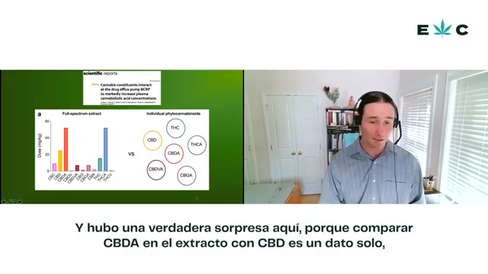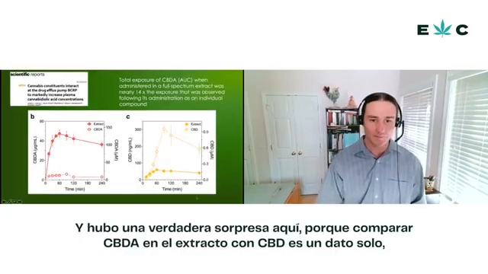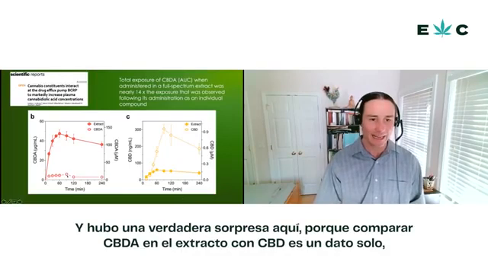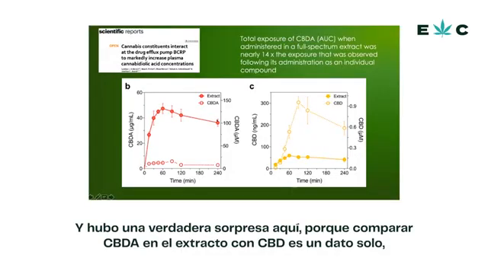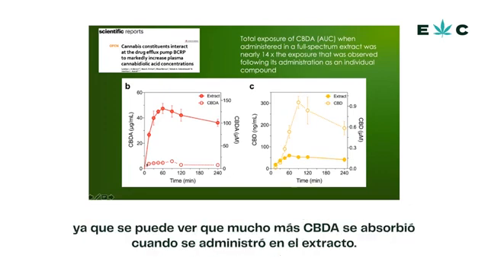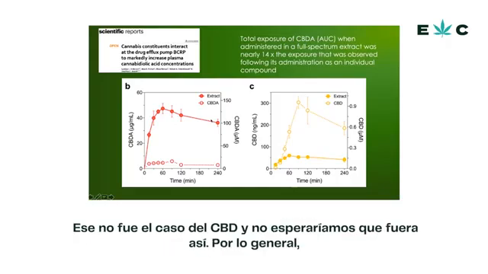And there was a real surprise here, because comparing CBDA in the extract to CBDA given alone, you can see that much, much more of the CBDA was absorbed when given as an extract. That was not the case for CBD, and we wouldn't expect it to be the case.